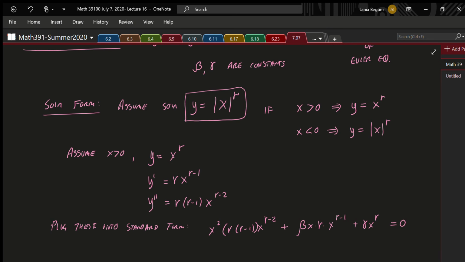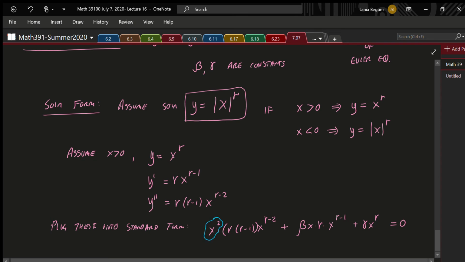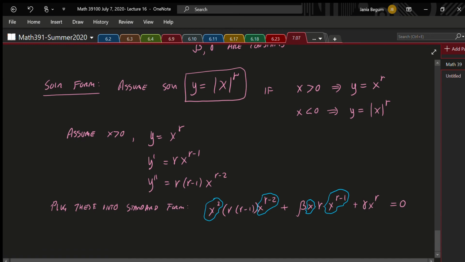Well, now what can we do? We can simplify a little, right? I can combine the exponents for these terms. So I get r times r minus 1 times x to the, so the x to the 2 and x to the negative 2 cancel out. You get x to the r. Plus the second term we have beta r, and then x and x to the r minus 1.